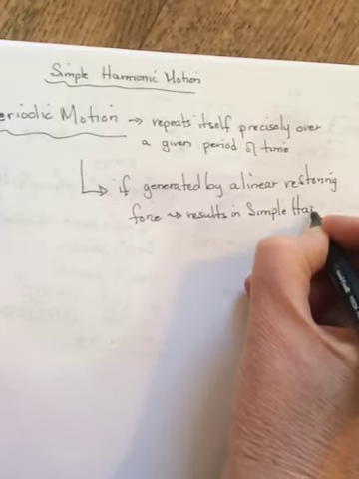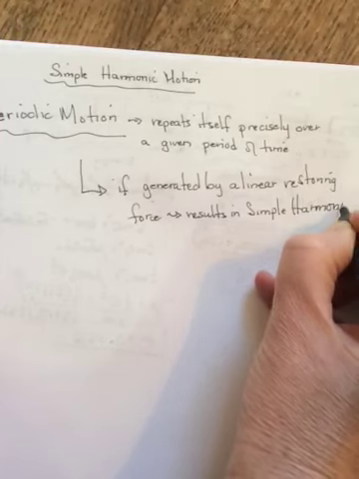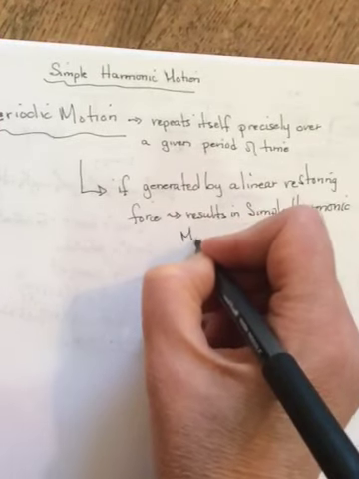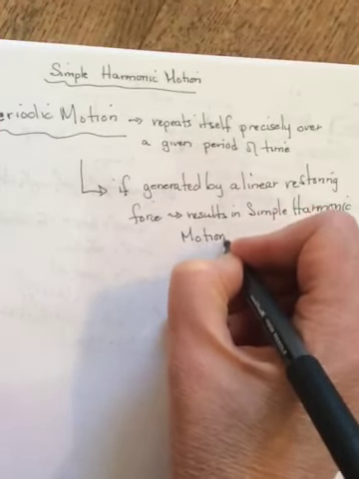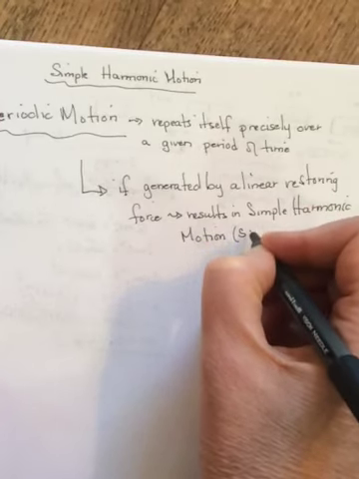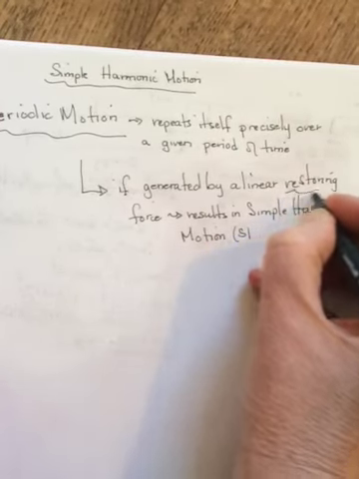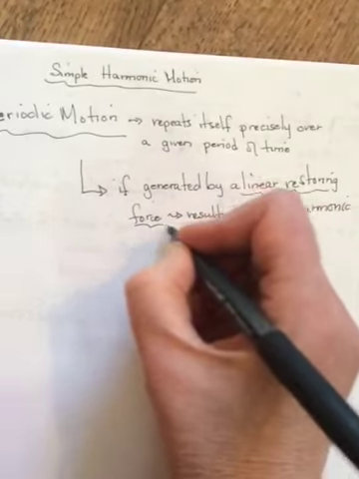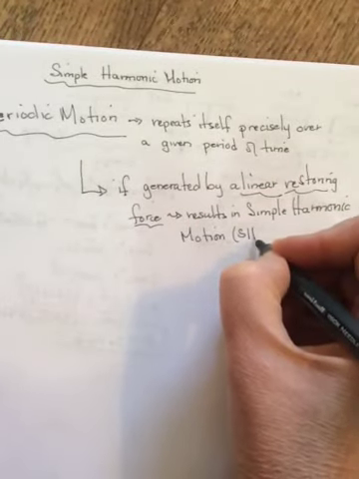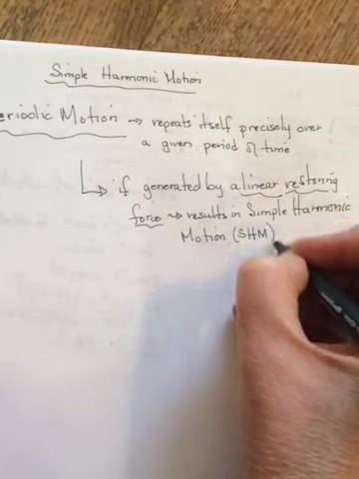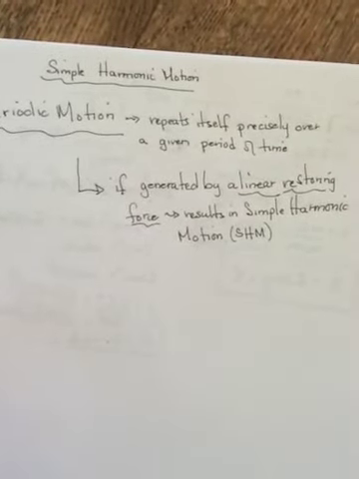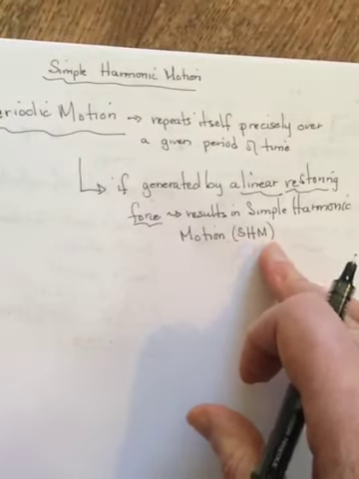Okay, so if the motion that's repeating itself precisely over a given period of time is created by something that we call a linear restoring force, then you get simple harmonic motion, and physicists like to save marker ink, so we often abbreviate it SHM.